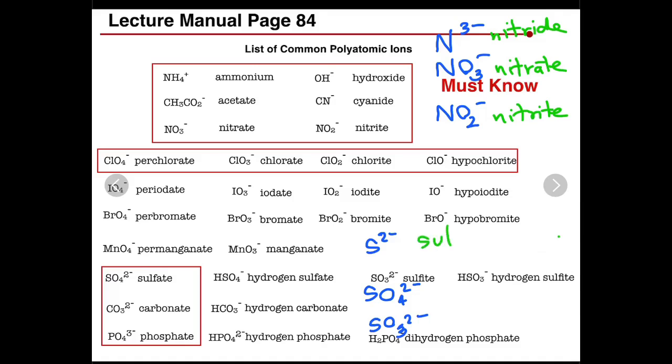It would be sulfide. These 2 contain oxygen. The one that has more oxygen would be sulfate. The other one that has 1 less oxygen would be sulfite. So the ending will tell you whether it's going to contain oxygen or not. This is very crucial. This is how you will be able to differentiate them.